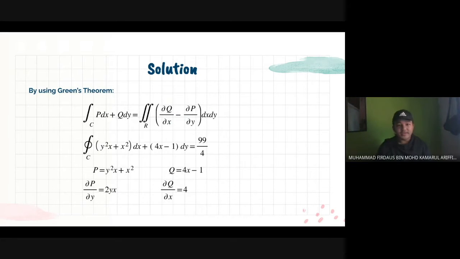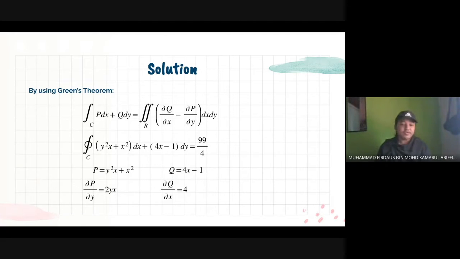After that, from the equation given in the question, we got P dx and Q dy. From that, we verify both of them, so we differentiate both of them. Firstly, we differentiate y squared x plus x squared with respect to y. We got dP/dy equals 2yx.